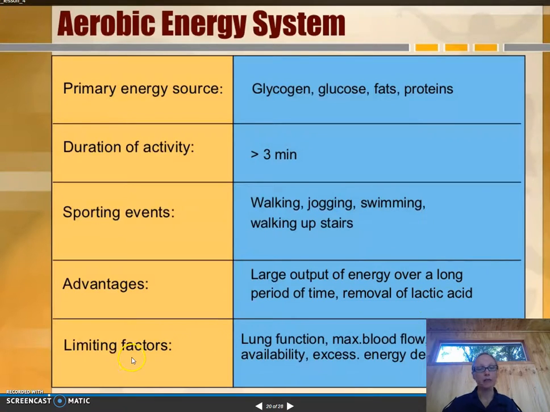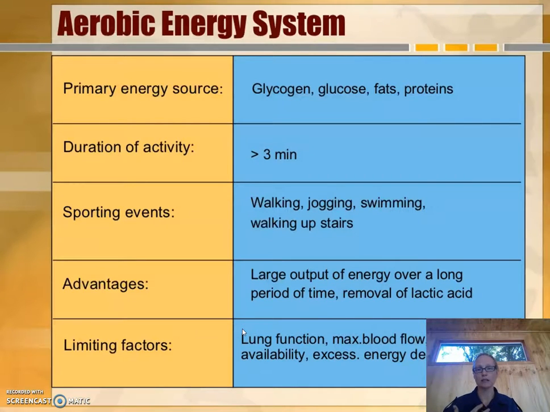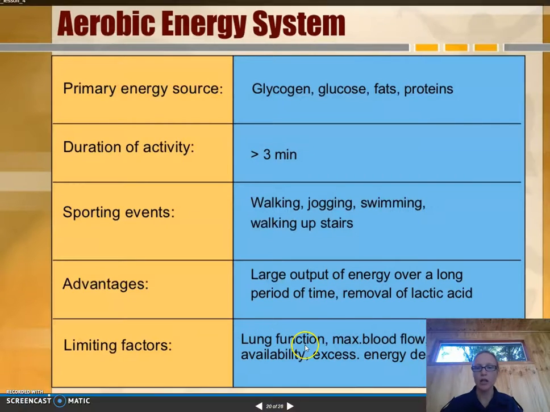Okay. Limiting factors of this system: lung function. So if you have a decreased lung function, then your ability to deliver oxygen into the blood and to the muscle is going to be limited. Maximum blood flow. So you think about, for example, your heart rate and the amount of blood that it pumps in one beat.